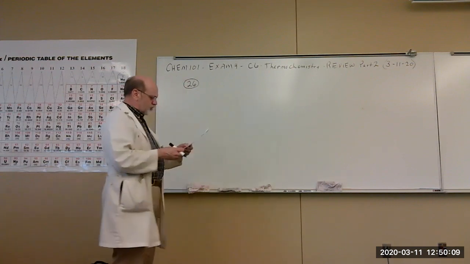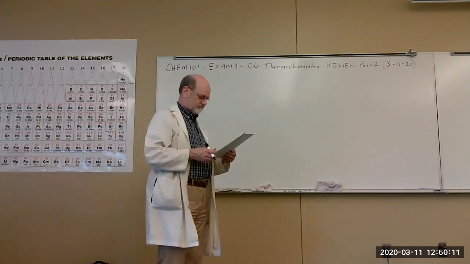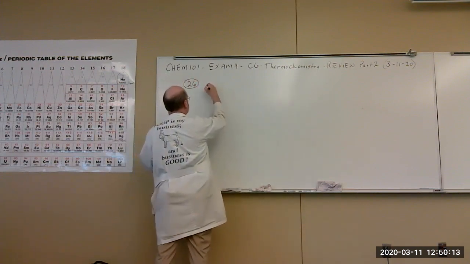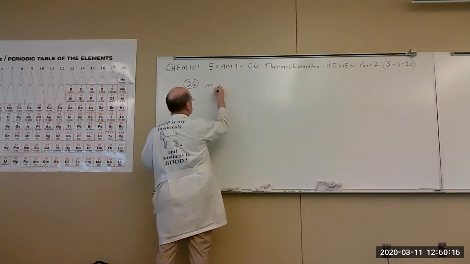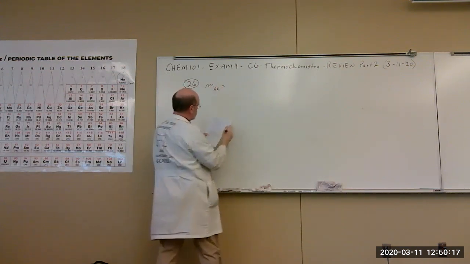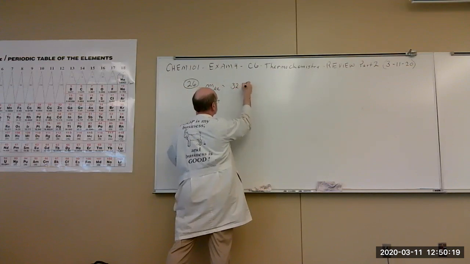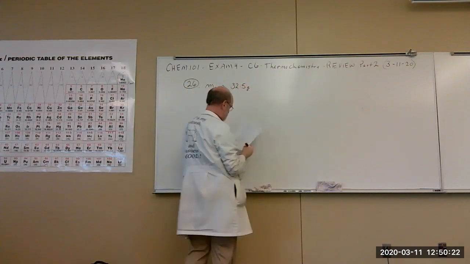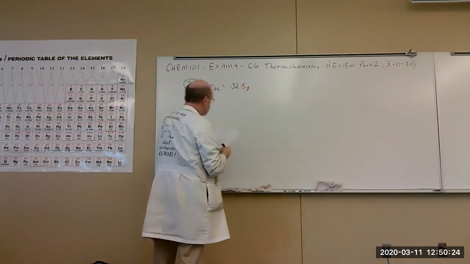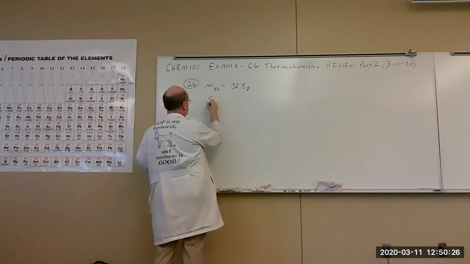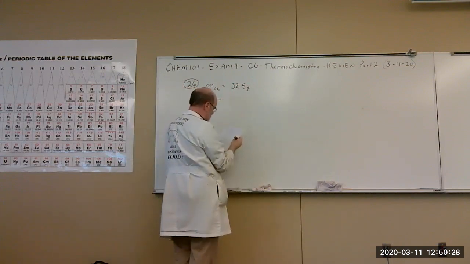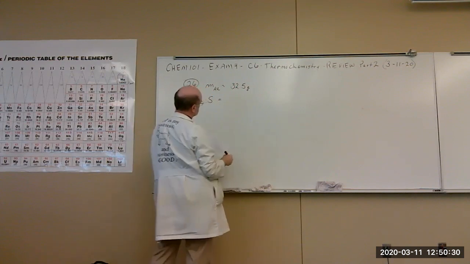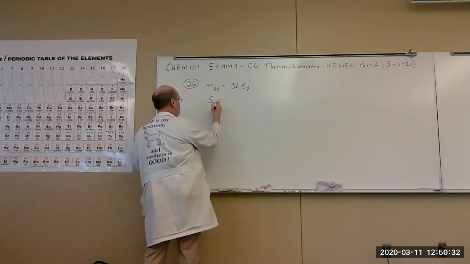Okay, a 32.5 gram piece of aluminum. So mass of aluminum is 32.5 grams. The molar heat capacity. In this case, let's put a little n here for moles.